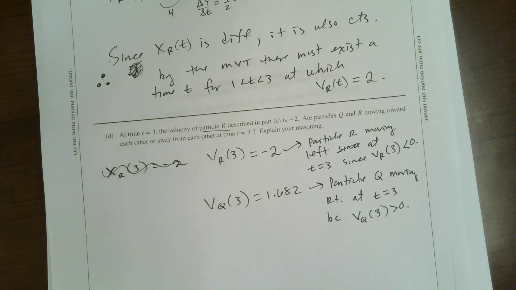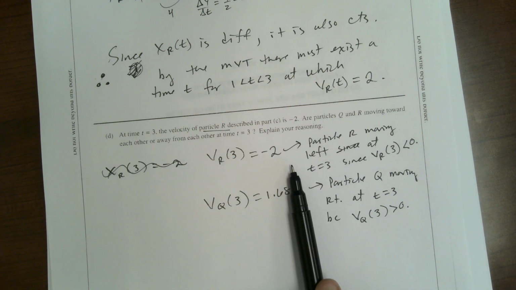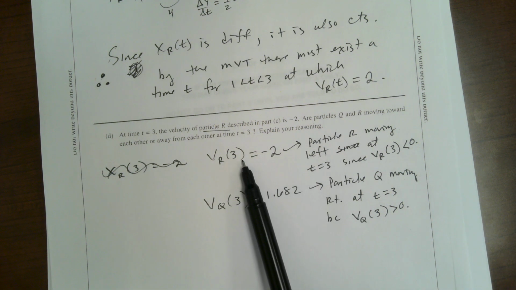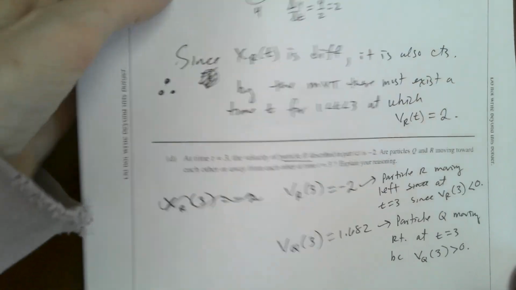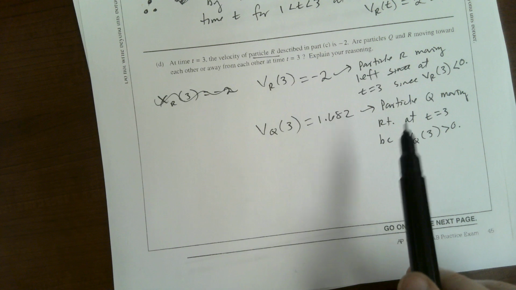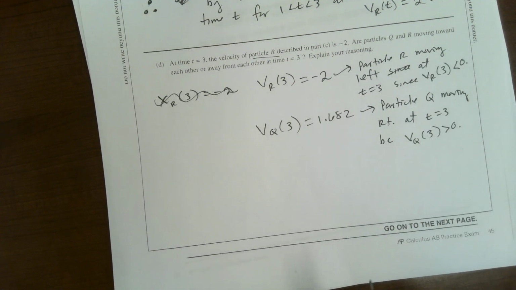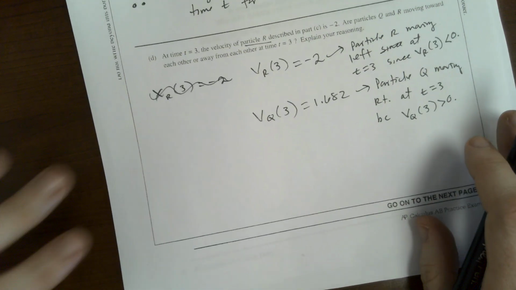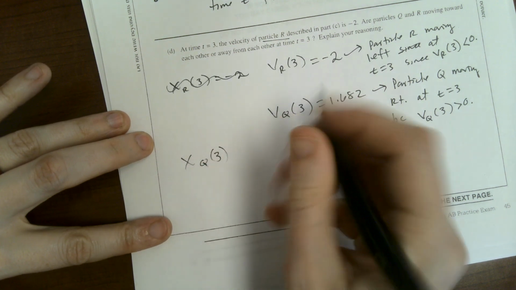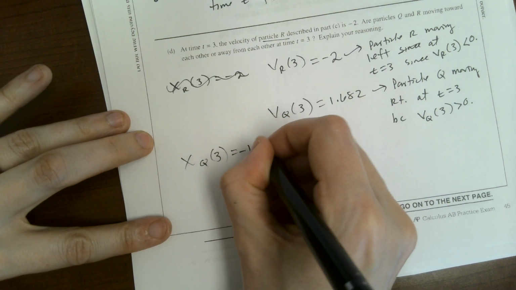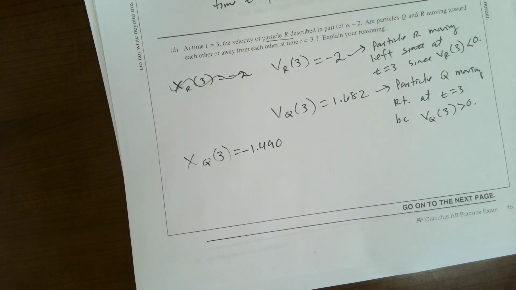Okay, so guys, I know they're moving in opposite directions, but if they're moving toward each other, I would need to know their relative positions. Okay, so now let me find their positions. Oh, actually, one of them I already know. I know that x sub q of 3 equals negative 1.490.